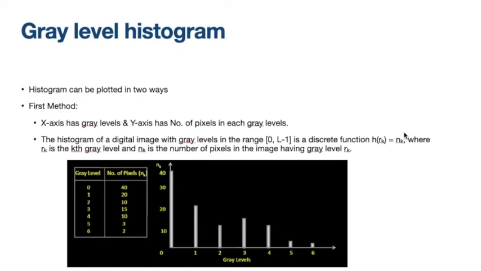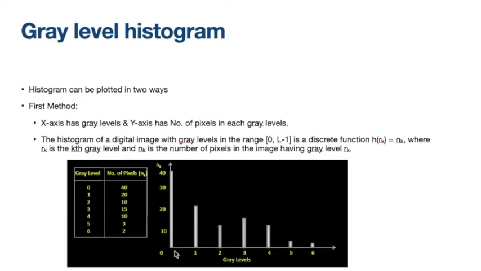This histogram can be plotted in two ways. One way is what I have already told: the x-axis will be the gray levels and the y-axis will be the number of pixels in each gray level. This image is an example of a histogram plotted in this way.